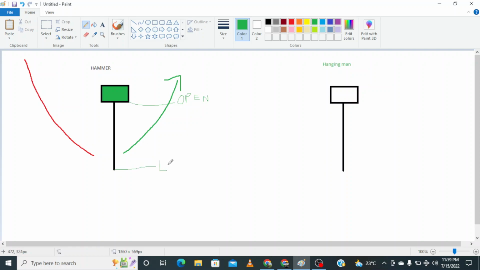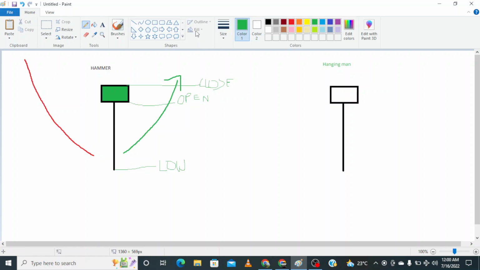This was the low made, but during the market hours the buyers had so much pressure that they got the price back up, and it closed here. So it signifies the strength in buyers. If the price is falling and you see something like this, the chances of the stock or the index going up is high.